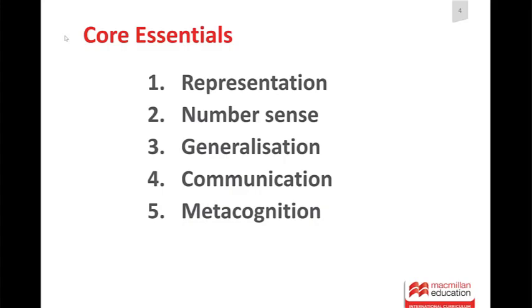And finally, we've got metacognition. Metacognition, in the most basic sense, just means thinking about thinking. That's all it means. So can our children actually think about why they're doing something? Or is it that when I ask a child, how did you do that? Why did you do that? They don't have an answer.